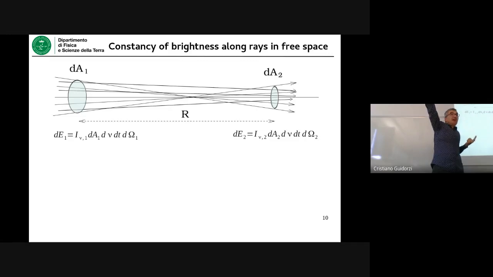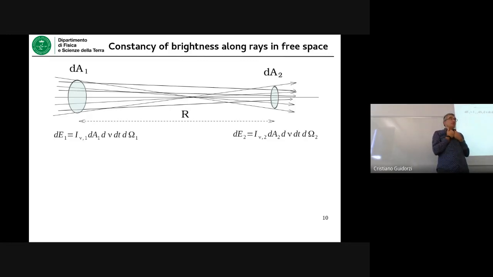And the surface you have in mind now, let's suppose you are standing on the point where dA1 lies. So you are watching dA2. You want to select all the rays that are crossing dA2. From your point of view, that means you are selecting the solid angle subtended by dA2.